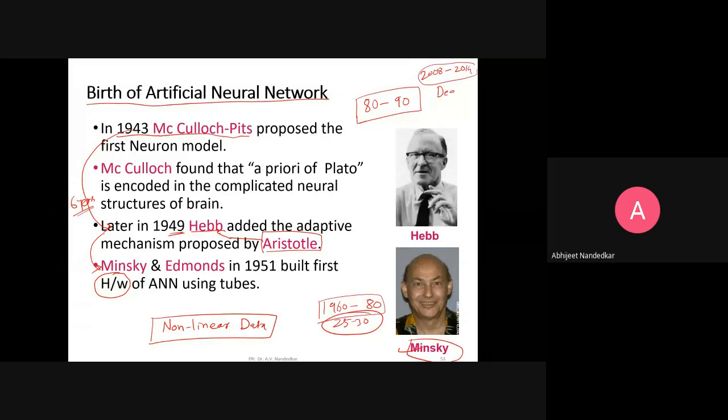This is now called deep learning, and this is known as the ANN era. Okay, the relation is simple, but there are some differences that we will see later on.